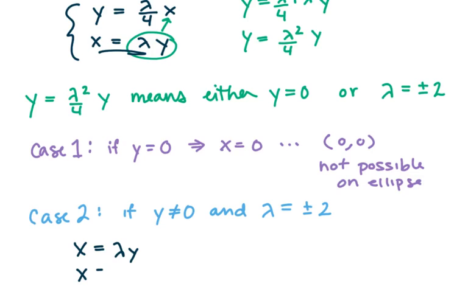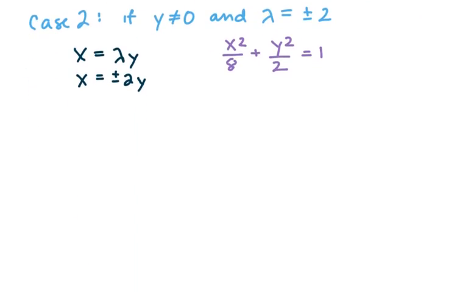So if x equals positive or negative 2 over y, we have two equations to plug into our constraint. That's essentially what we're always going to do. So if we get down to solving for lambda, we're going to be looking at that value and plugging it into the constraint. And the constraint is we have x squared over 8 plus y squared over 2 equals 1.